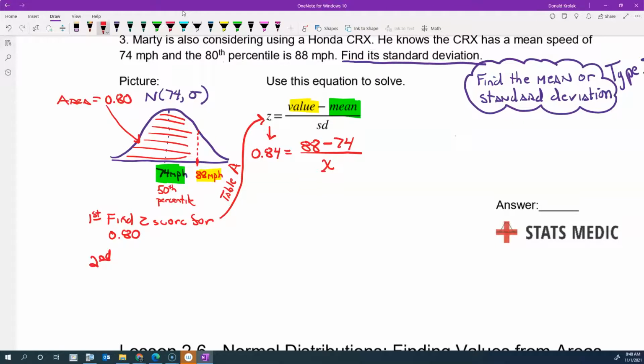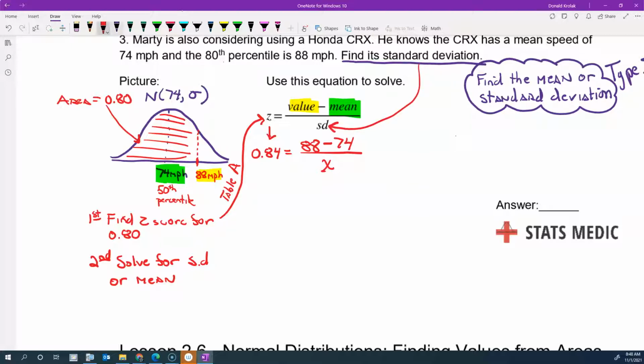So our second step here is, once you fill out this formula, then you're going to solve for either, in this case, the standard deviation. Sometimes you might be solving for the mean, the average. It all depends on what the problem gives you. This one's saying find the standard deviation. So that's where our x went.